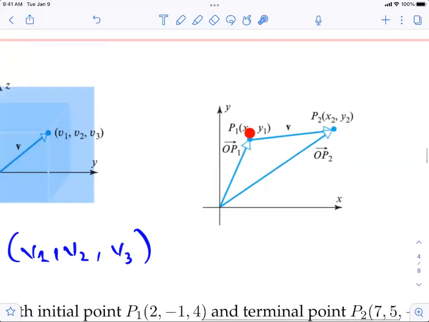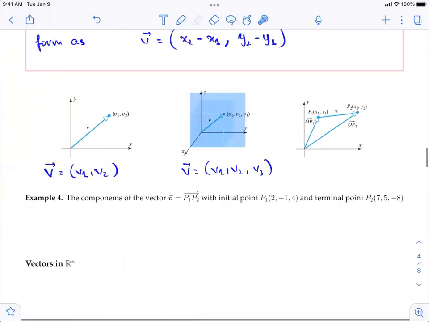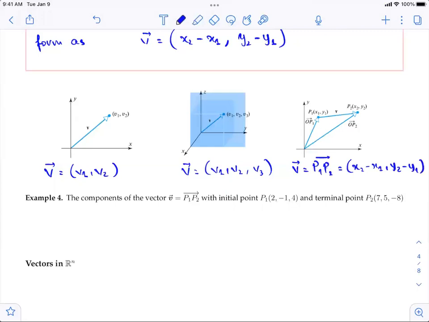The initial point is x1, y1, and the terminal point is x2, y2. Why do I know this is the terminal point? Because the arrow is at the point. So to calculate vector p1, p2, you do x2 minus x1, y2 minus y1.